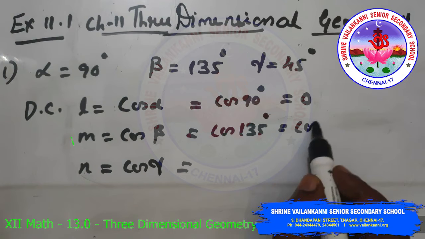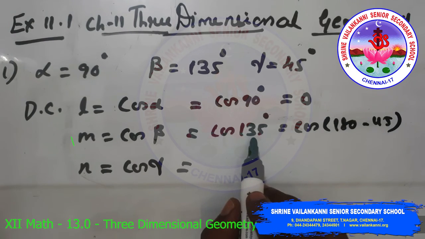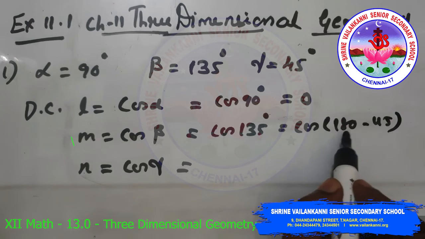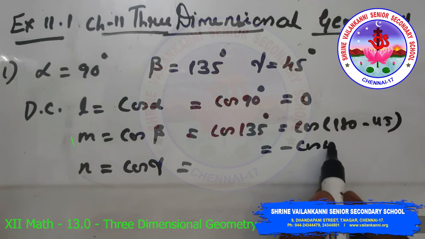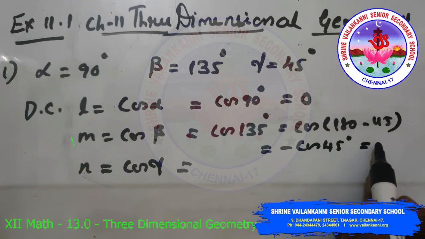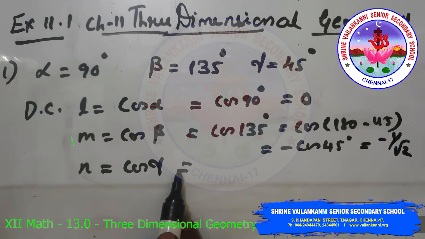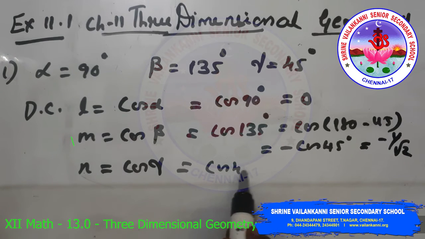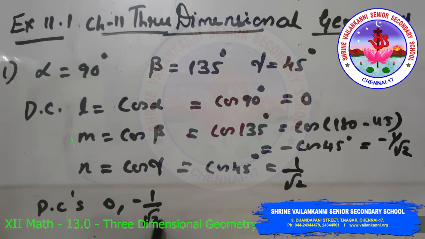We can write this as cos (180 minus 45). Cos (180 minus theta) is minus cos theta, so minus cos 45, and cos 45 is 1 by root 2, so it is minus 1 by root 2. Then n is cos gamma. Gamma is 45 degree, so cos 45 degree is 1 by root 2. So DCs of the given line are 0, minus 1 by root 2, 1 by root 2.